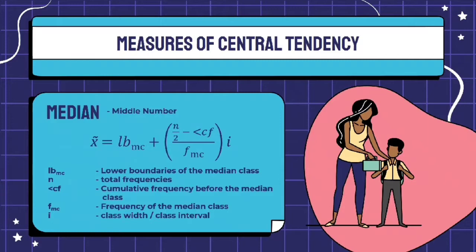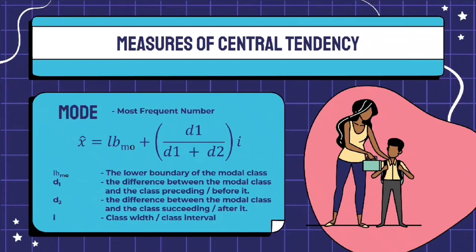To calculate the median for group data, we will be using the formula median is equal to LBMC plus the quantity of n over 2 minus less than CF all over FMC multiplied by i, where LBMC stands for lower boundary of the median class, n stands for the total frequency, less than CF stands for cumulative frequency before the median class, FMC stands for frequency of the median class, and i stands for class width or class interval. Last but not least, mode.